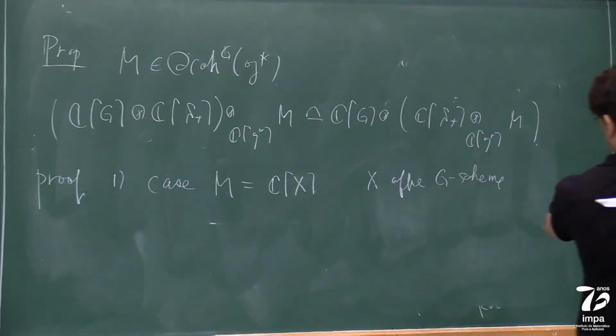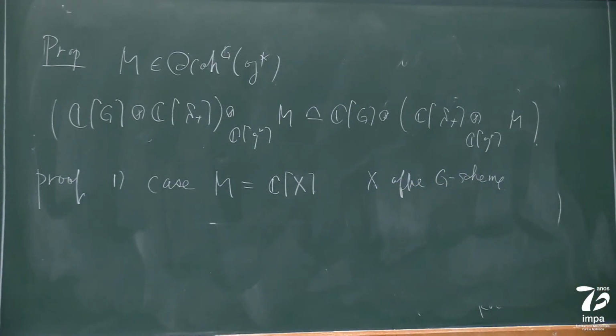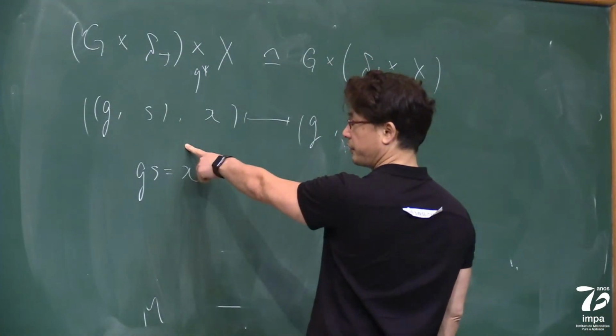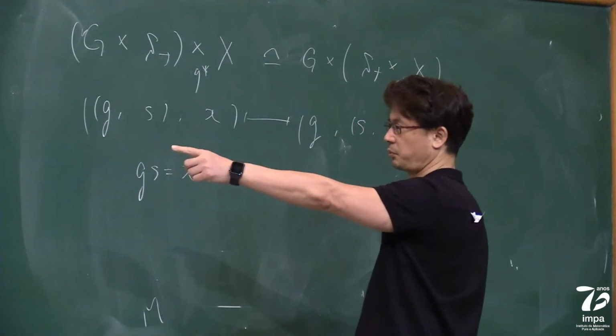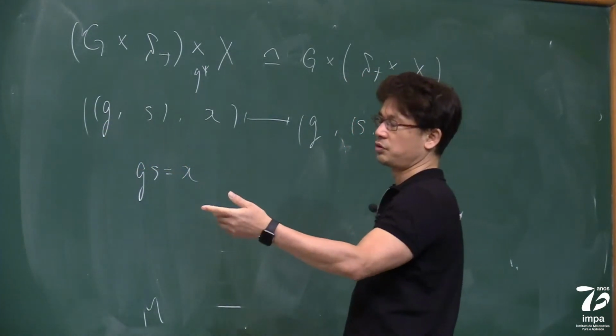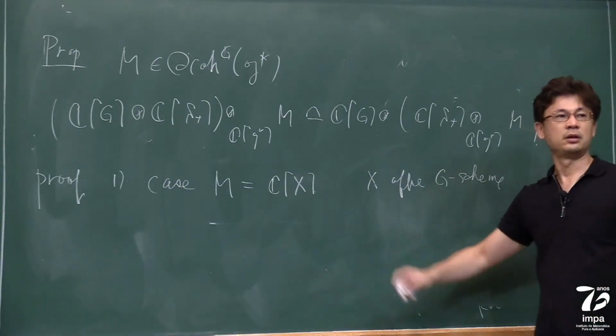So this is the case when M is a function on the affine G-scheme, but the corresponding isomorphism of coordinate rings is obtained by using the co-module structure of this ring.